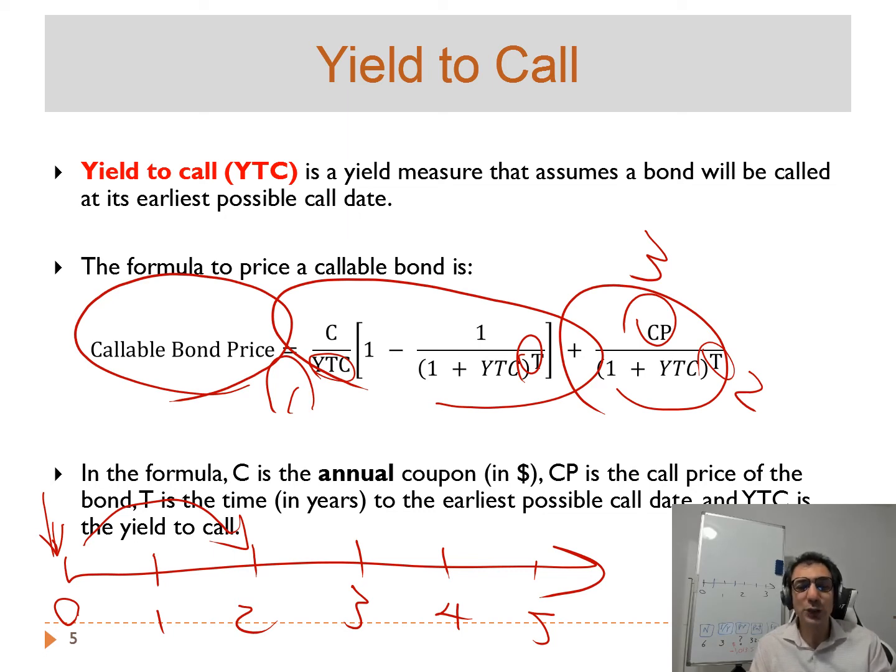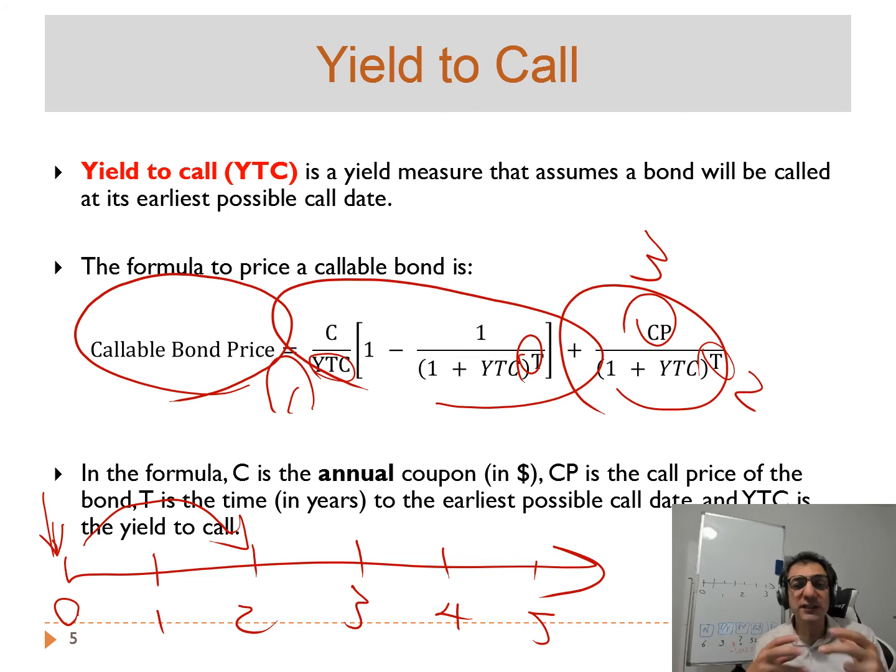So usually you will receive more than face value, which we call the call price. So for example, if the call price is $1,100, use that $1,100 as your CP. When you are entering the numbers in your calculator, you use that as the future value. Still, you're using it as a future value, but it is not the same as the $1,000 in YTM.